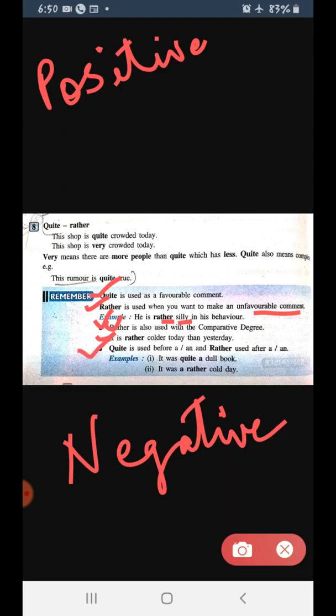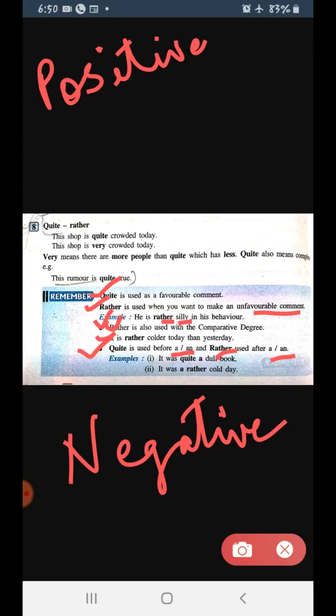Next, quite is used before a or an, whereas rather is used after a or an.